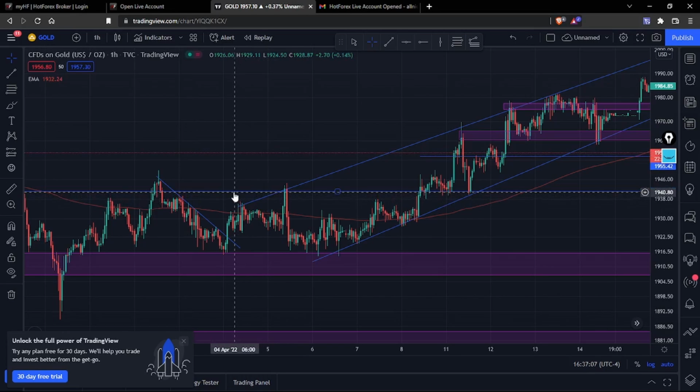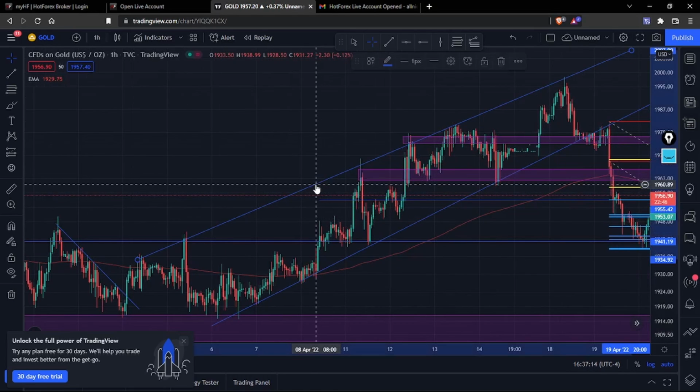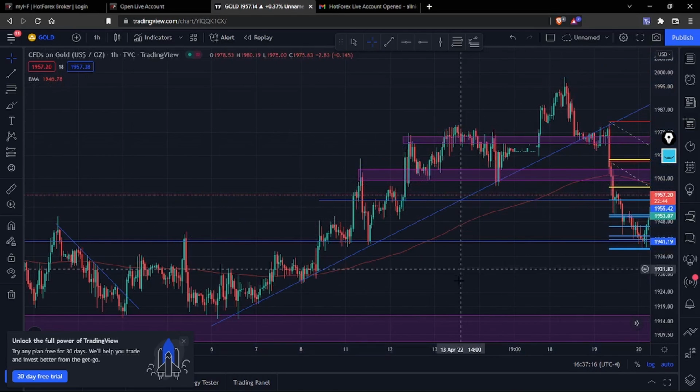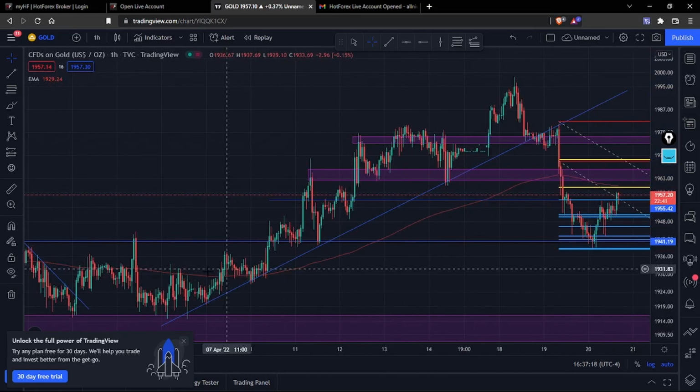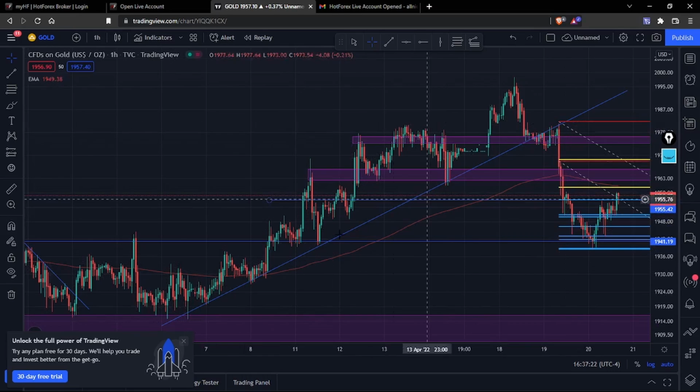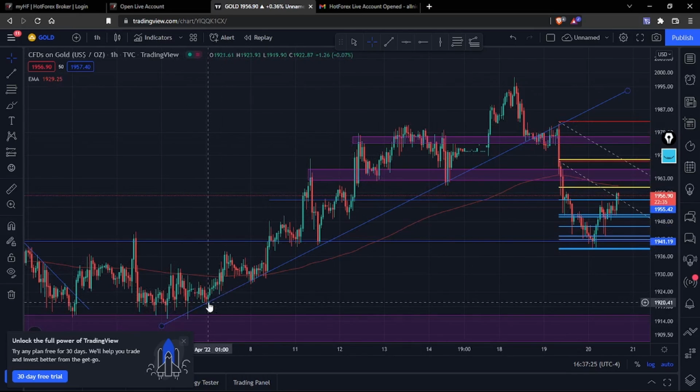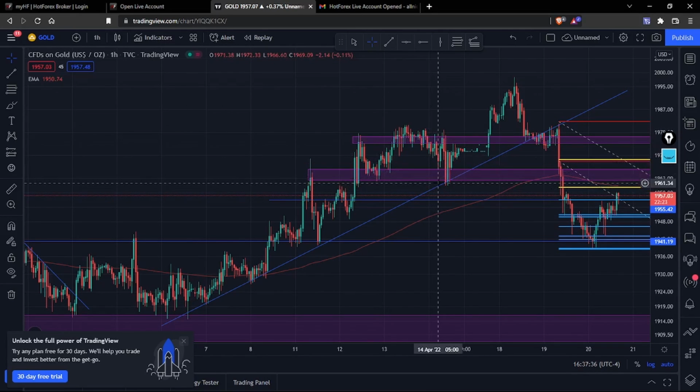So again, the general concept is for upward trends. Let's just imagine this isn't here. For this upward trend, you connect all of the higher lows. So each low point, you draw the trend line to connect.